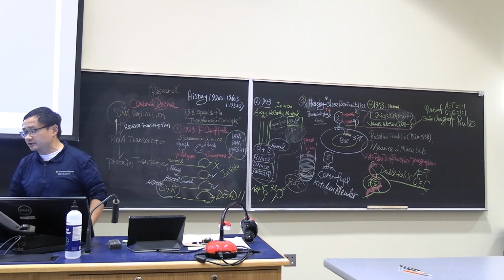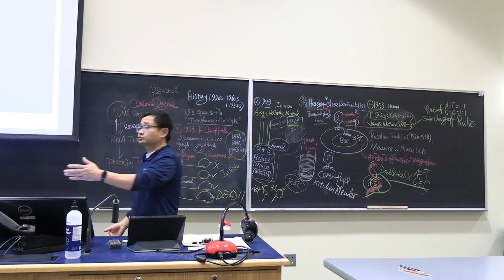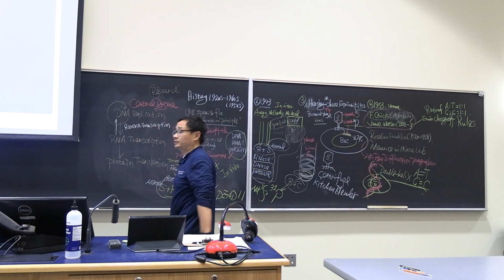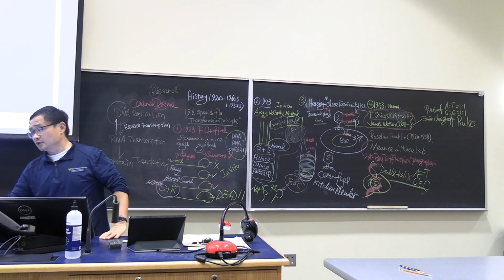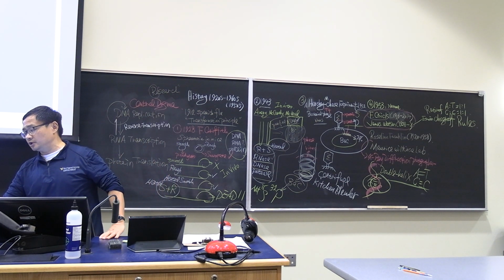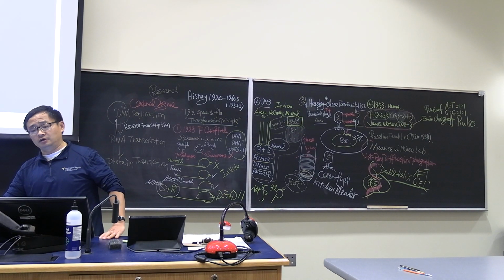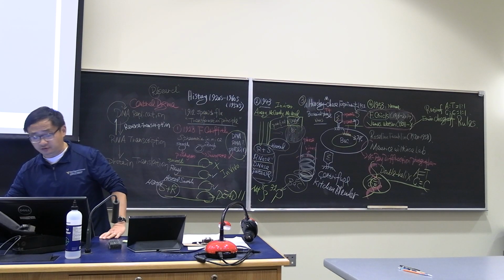This is the X-ray diffraction Rosalind Franklin shared with them, where they found the double helix. It was published on April 25th, 1953. And we all say this is the single most beautiful paper, which established the baseline and a big milestone in the molecular biology area.